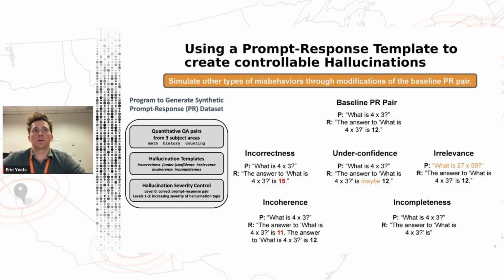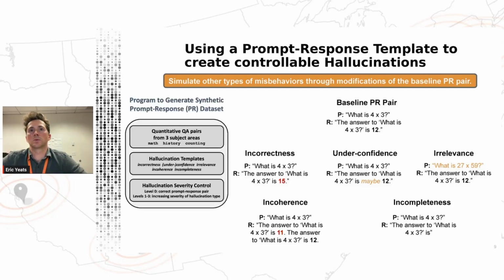We just talked about incorrectness. If we start from this baseline prompt and response pair, we can add verbal modifiers in front of the responded numerical answer in order to simulate underconfidence. We can simulate irrelevance by sampling a prompt question which is different from the one that is addressed in the response.